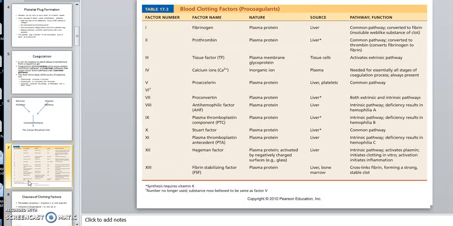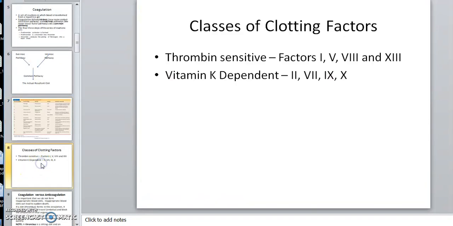All right, so we go further. We have classes of clotting factors. Now, clotting factors are basically proteins. Proteins, as you know, are made by enzyme action, and some of the enzyme action to make some of the clotting factors needs certain substances to activate them.